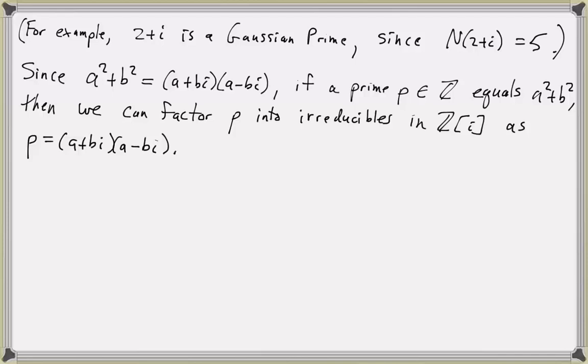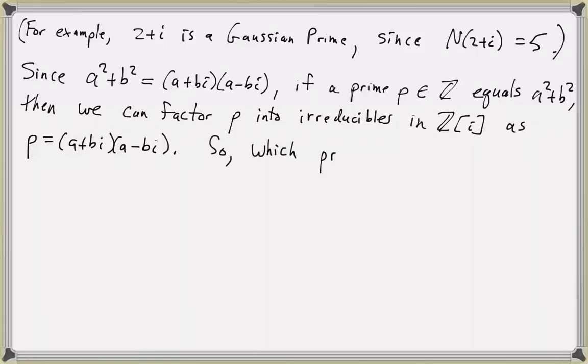So the prime numbers in the integers are not necessarily prime in the ring of Gaussian integers. So now we're going to look at which primes can be written as the sum of the squares of two integers. This is what we're going to address.